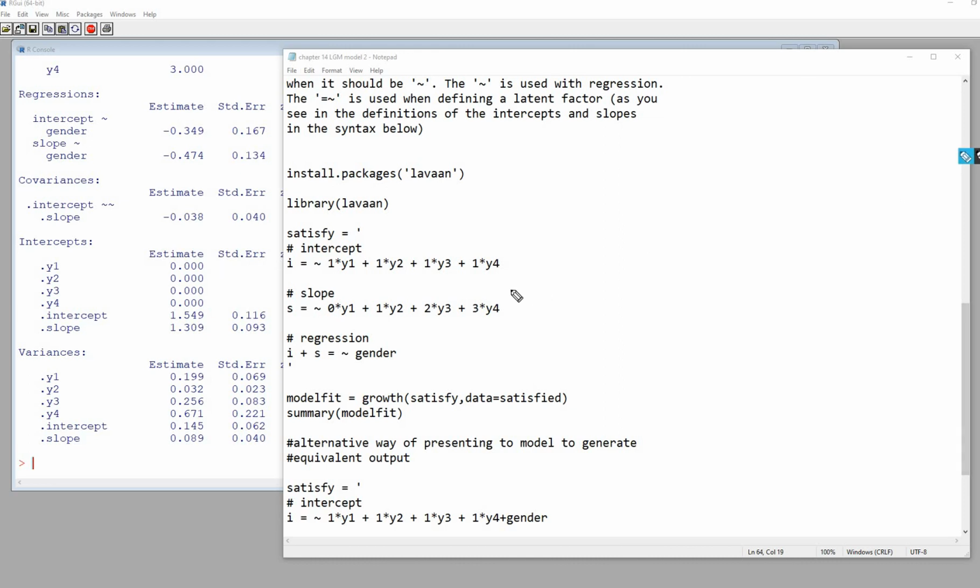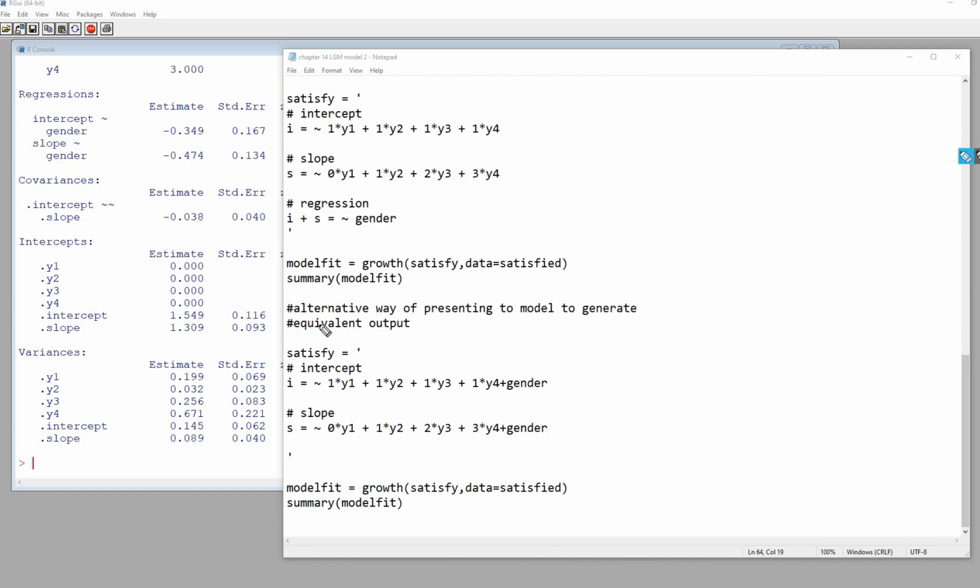Let me just reiterate again, this is the original code that was provided by the authors for Chapter 14. And again, this is the error that I was telling you about. If you wanted to demonstrate that we were using gender as an indicator of both the intercept and slope factors, you could reparameterize the model in this way down here.